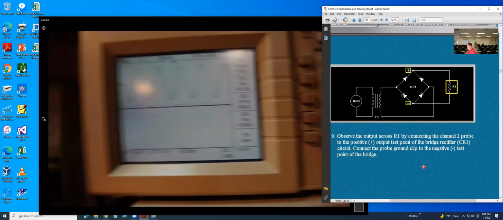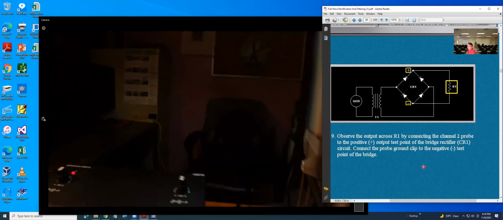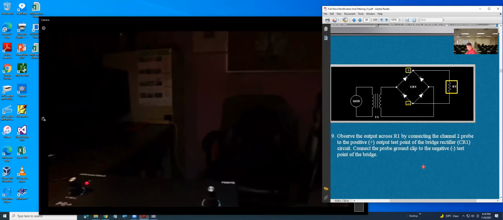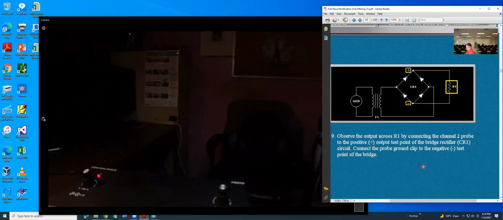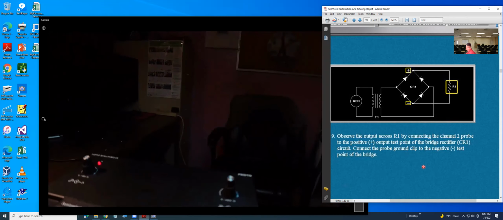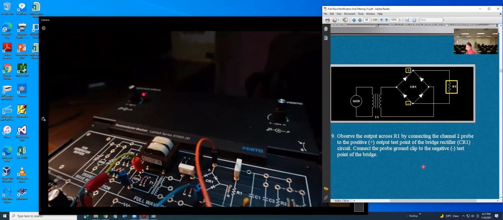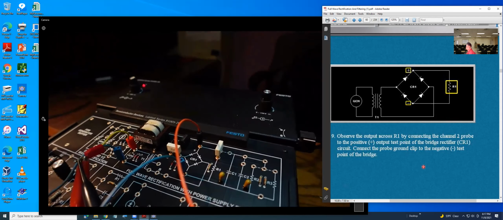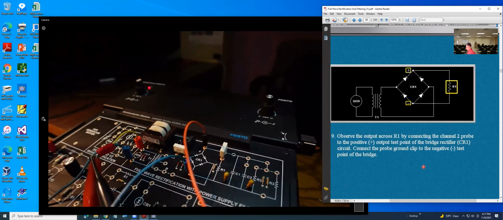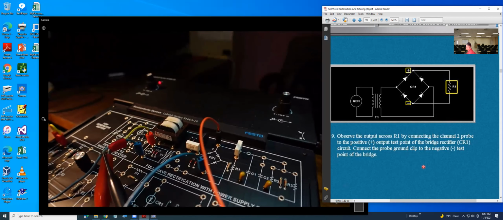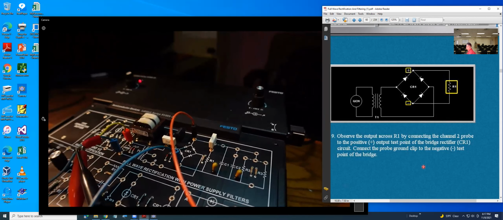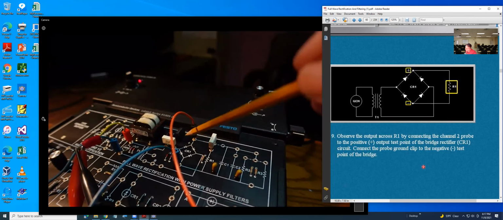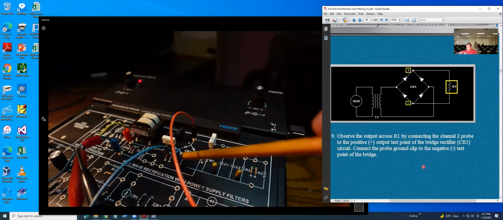Okay, so if you're looking into the circuit, you see I connect channel 2 here, and the ground of the scope channel 2 here.